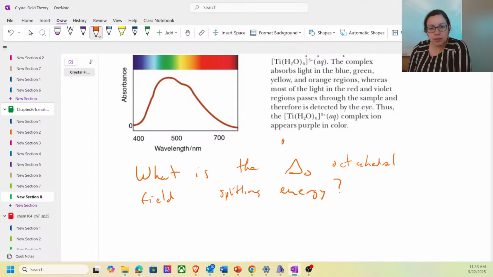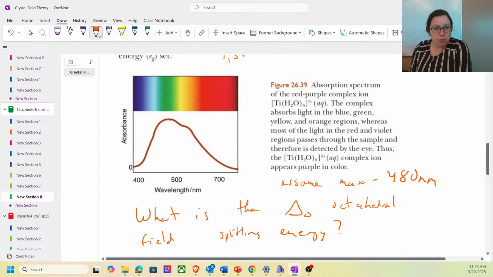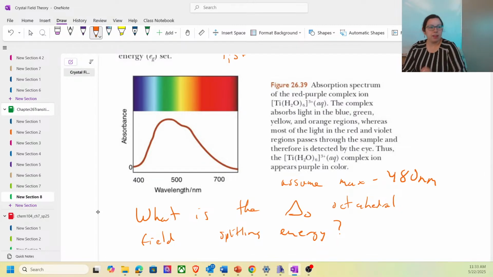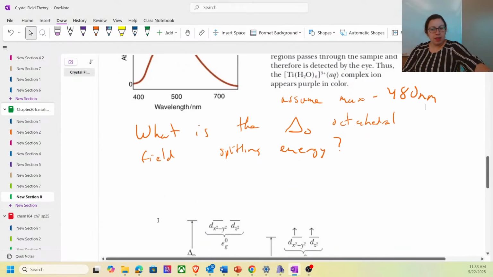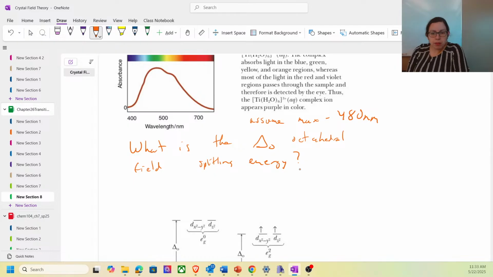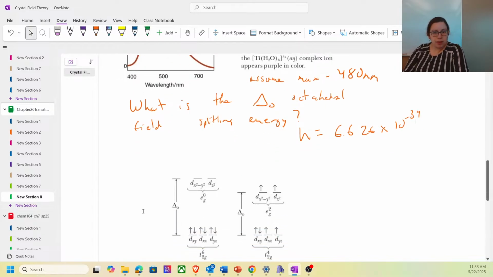And so let's assume that the max absorption is 480 nanometers. I'm just kind of eyeballing there roughly. Again, if you were on the computer, you would do it much more precisely. And let me give you Planck's constant in case you forgot: 6.626 times 10 to the negative 34.